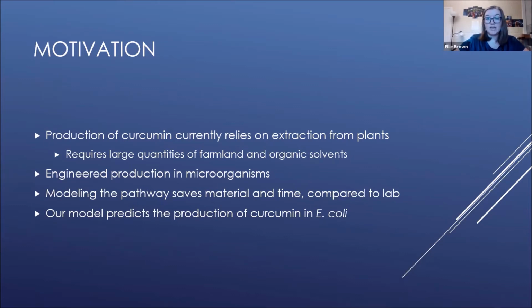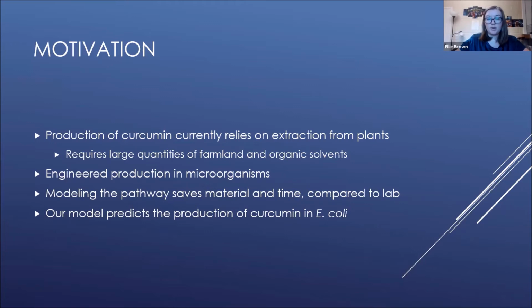We want to make curcumin in a bioreactor instead, because instead of many weeks for that turmeric to grow, it will take only 48 hours to grow the curcumin. Also, the product is much more pure and constant in the lab in a bioreactor. And our goal is to grow this curcumin in E. coli, which is the microorganism we've chosen.